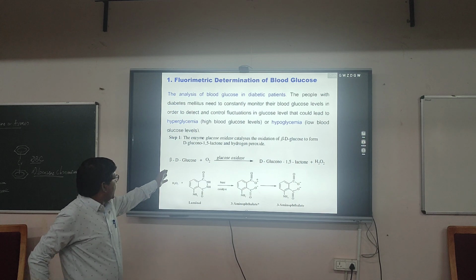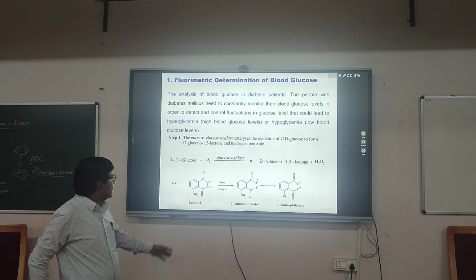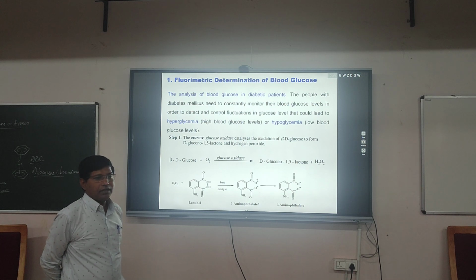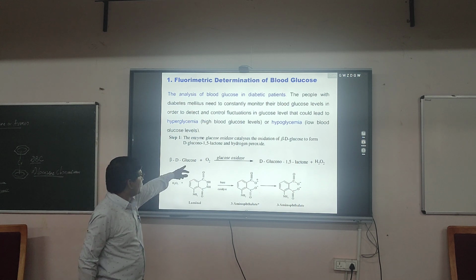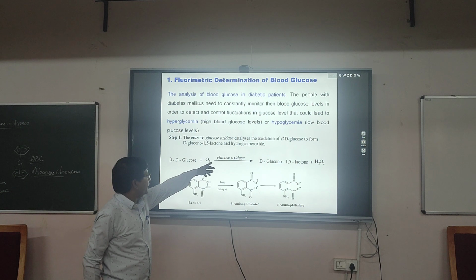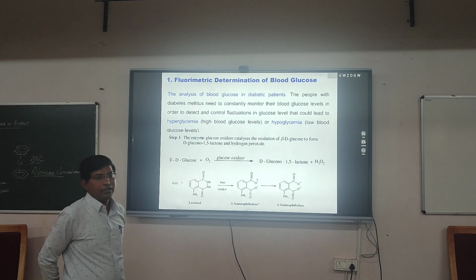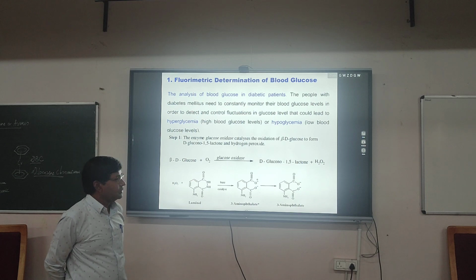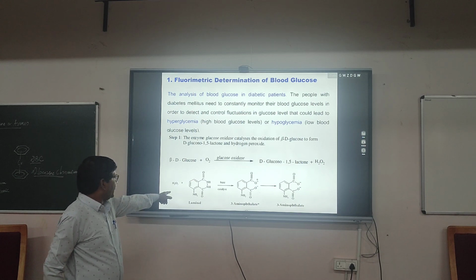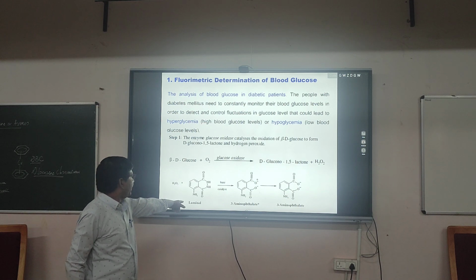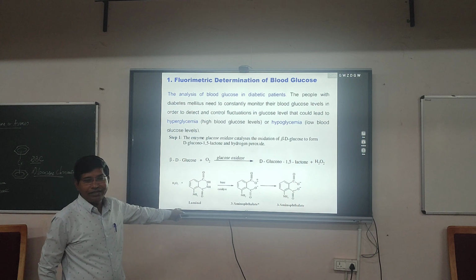So here, generally, if the sample contains glucose, in the presence of glucose oxidase it will produce hydrogen peroxide, H2O2. Then we have to add luminol. Luminol is a fluorophore.